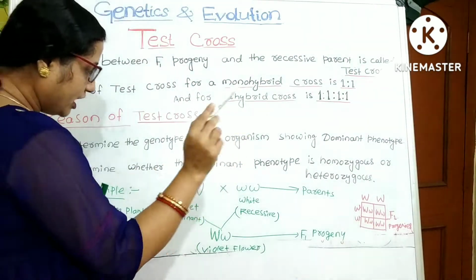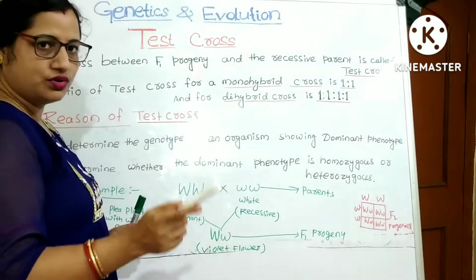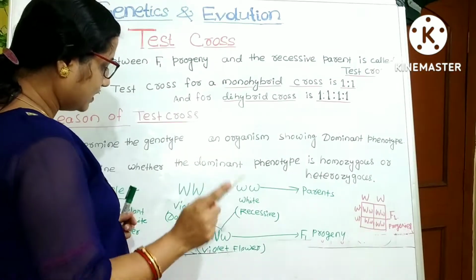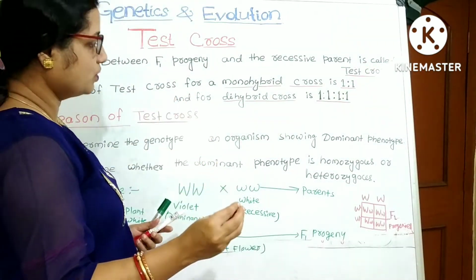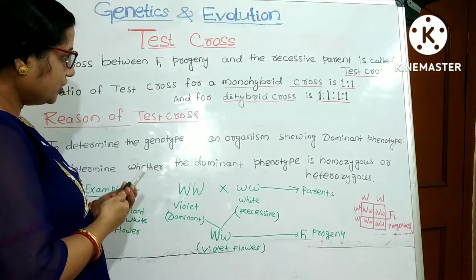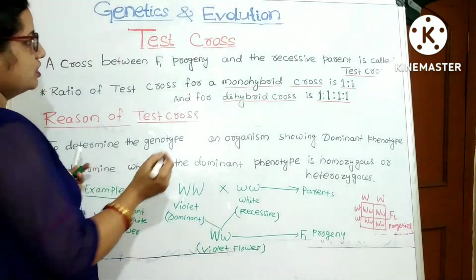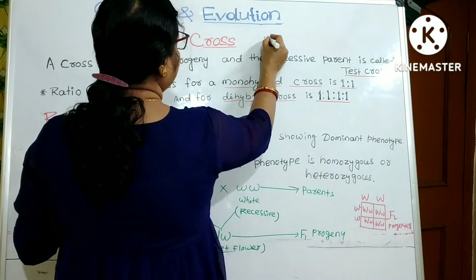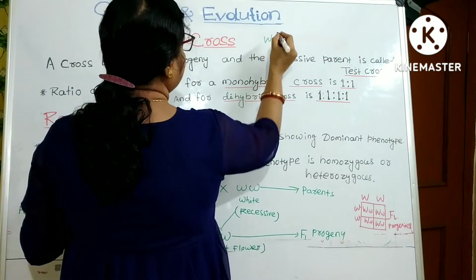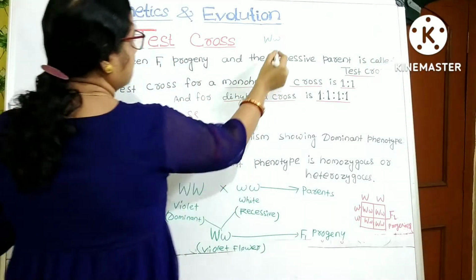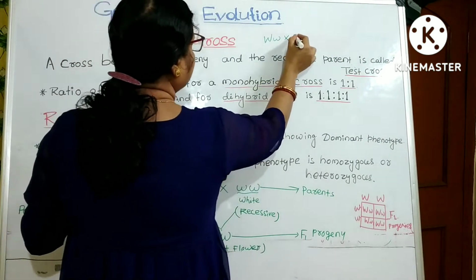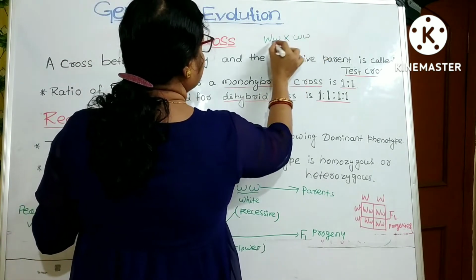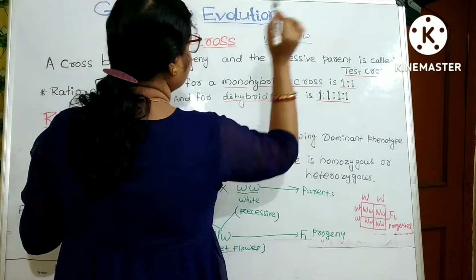Then if we cross the F1 progeny, capital W and small w, with its recessive parent, small w and small w, this is known as test cross.